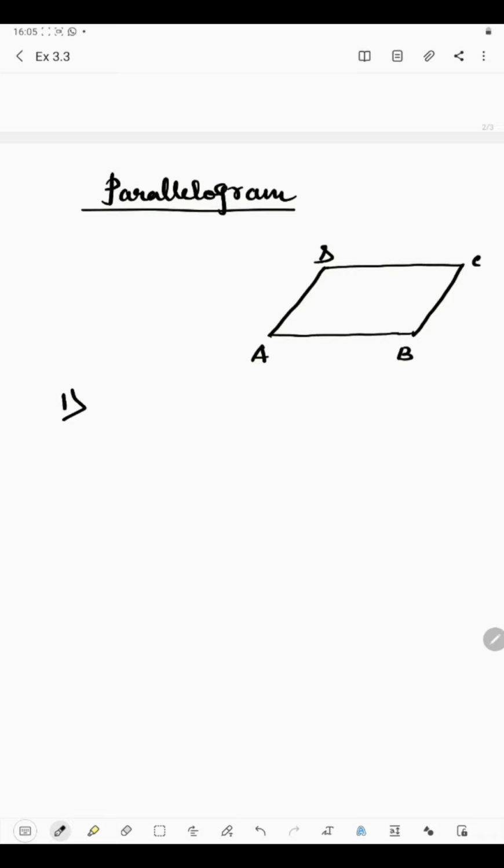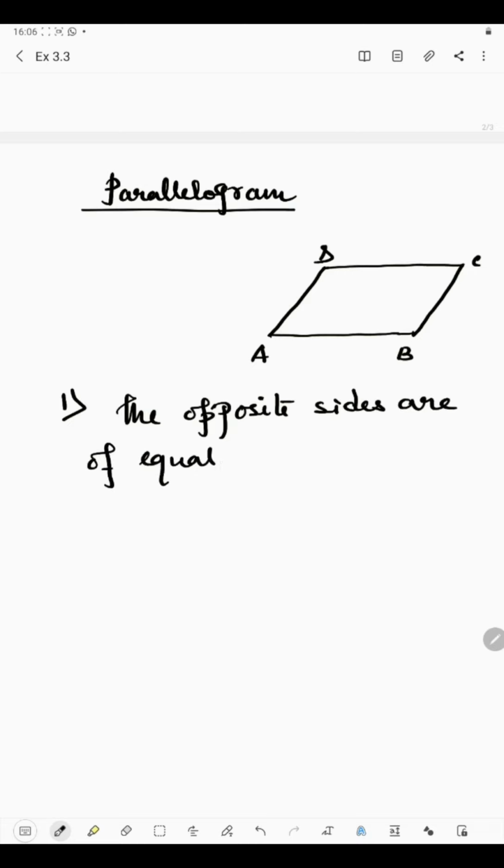The first property of a parallelogram is that the opposite sides are of equal length. Here the opposite sides are AB and DC, which are equal, and AD and BC are of equal length. So opposite sides of a parallelogram are of equal length.